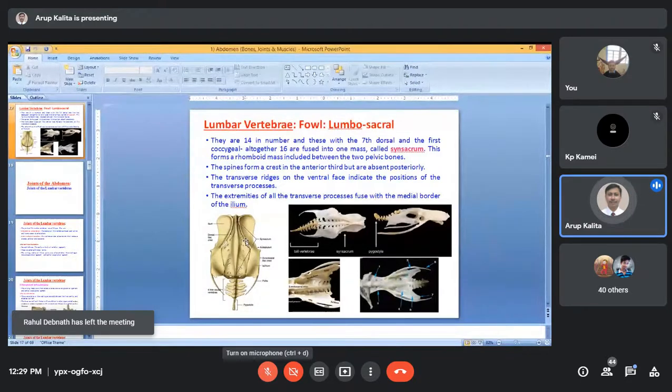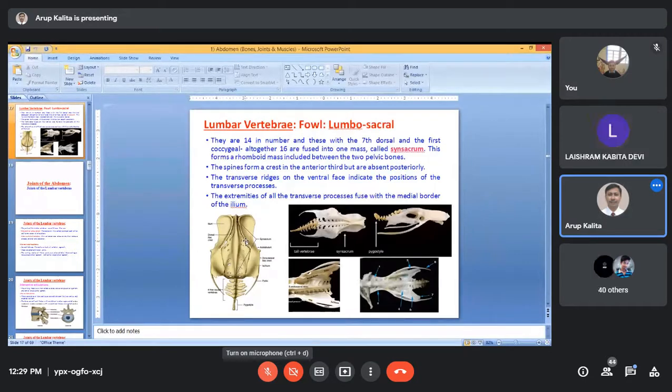The length of the transverse process increases from the 1st to the 5th, then the last one is abruptly shortened. The transverse process arises from the body forming a right angle.